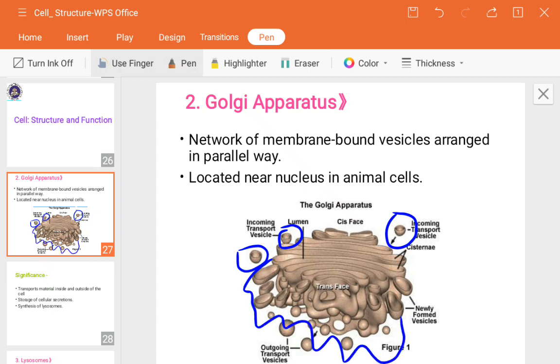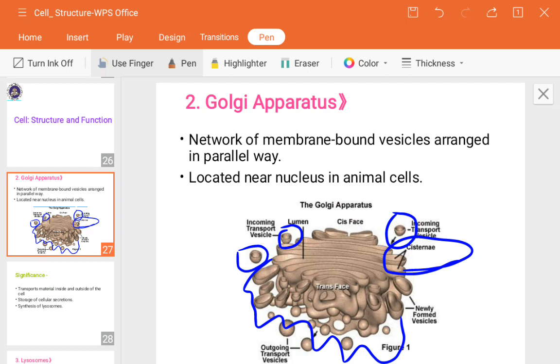So it is compactly made up of two or three components, and that's why it is known as an apparatus. It consists of vesicles and tube like structures, membrane bound, in parallel stacks. These parallel stacks are called cisterns. So these are called cisterns.